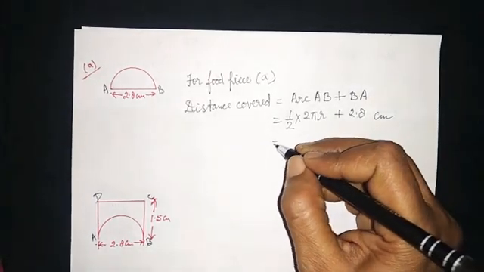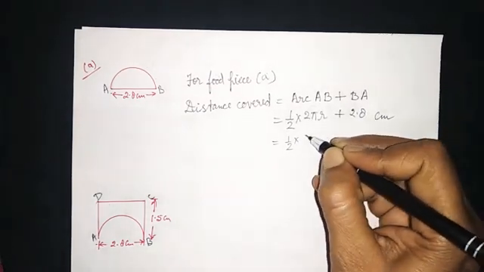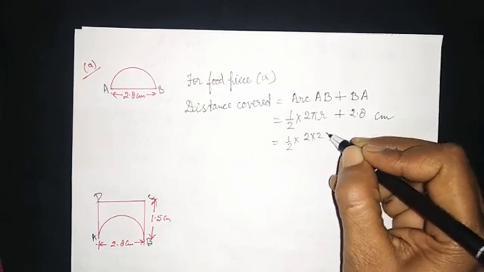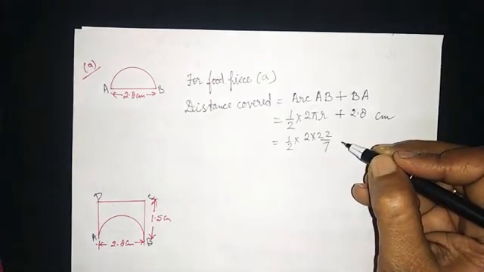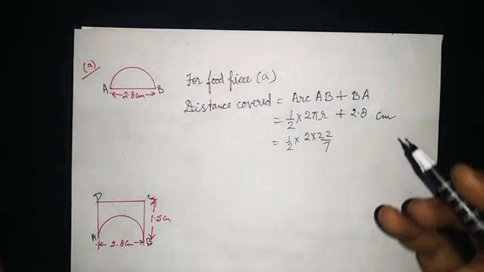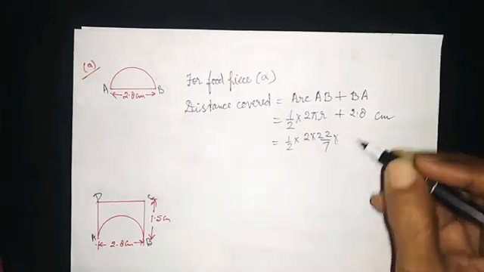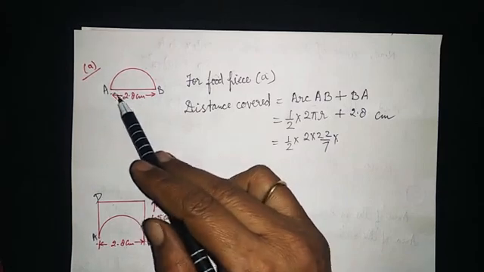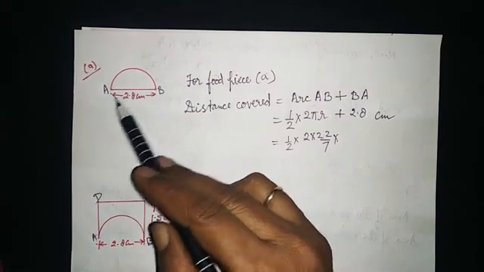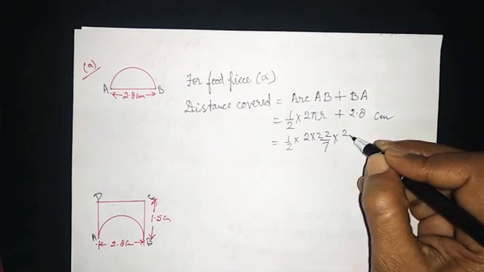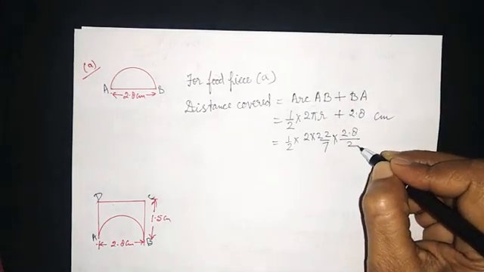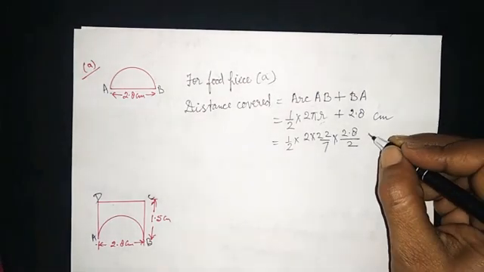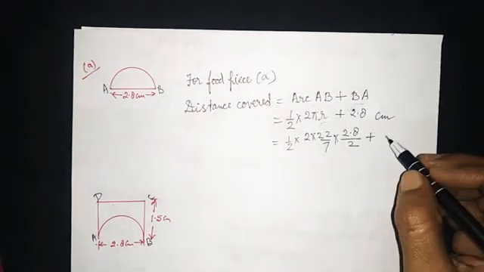Now 1 by 2 into 2, here 22 upon 7 we will write, and r, this is 2.8 and r is how much? Half of 2.8. So here we will write 2.8 upon 2. Okay, and distance 2.8 we will write here.